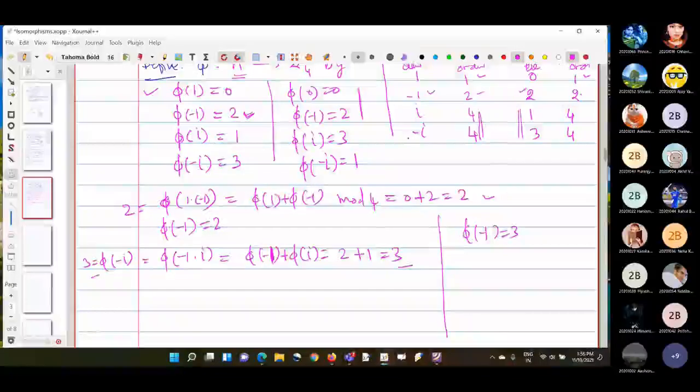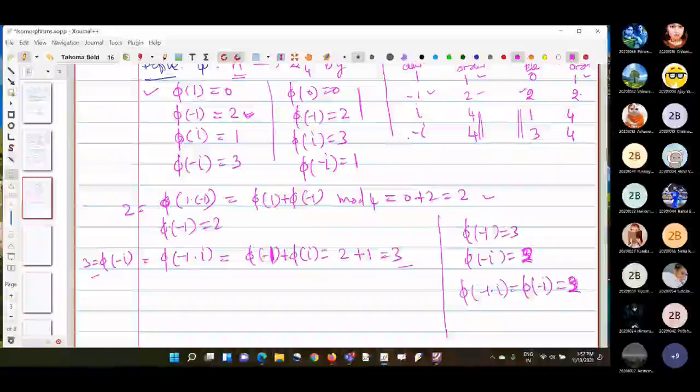And in this case phi of minus I, if we define this as equal to 2, then what happens? Let us consider phi of -1 times iota. So this is phi of minus iota, and this is equal to 2 with the other definition.